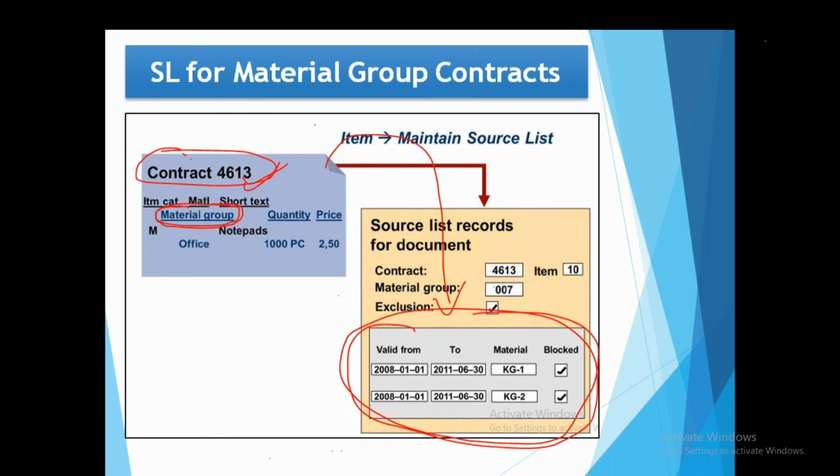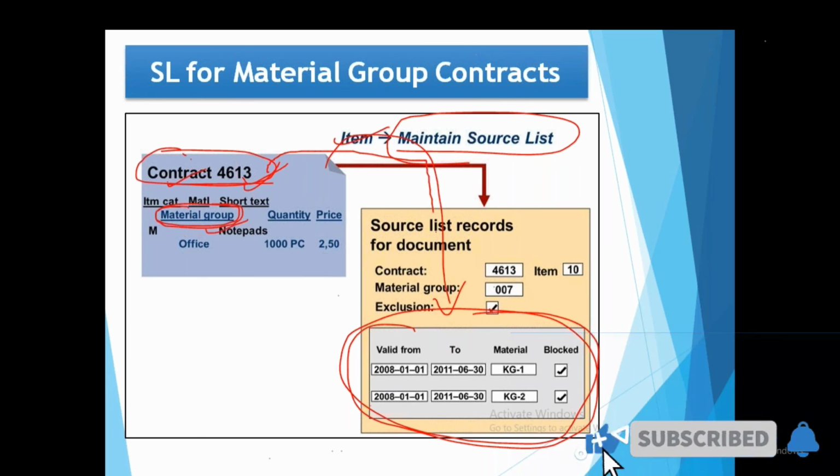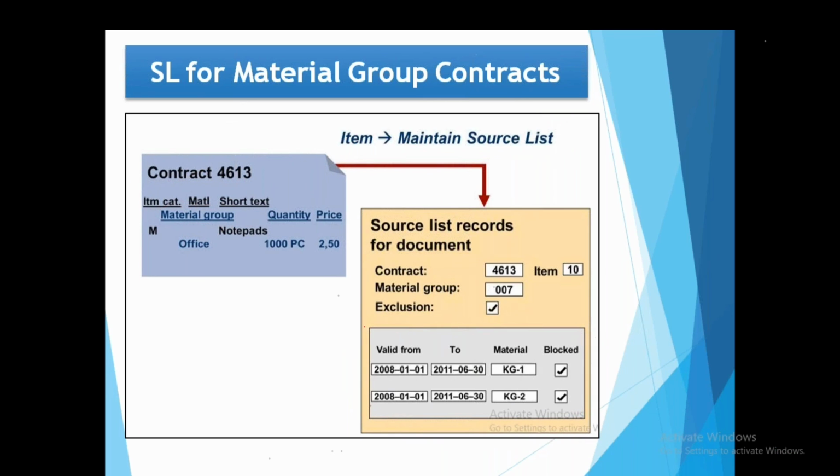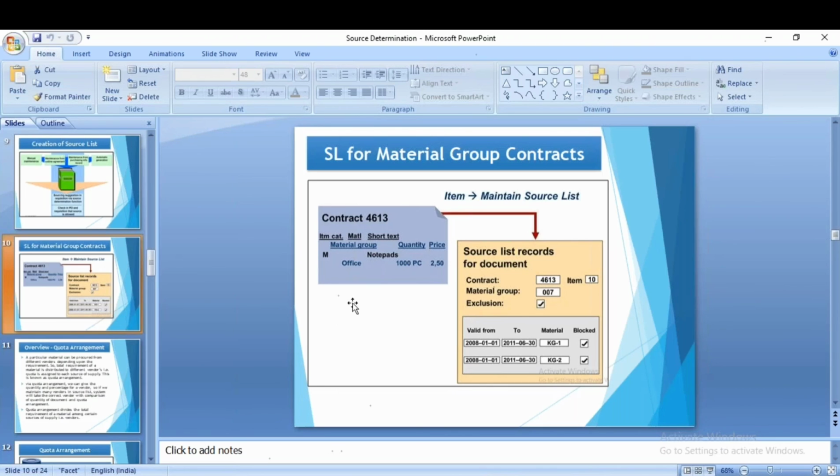You select the item and then maintain source list. So you can generate a source list for a material group also. That is also possible. Same like the one I showed you for a single material. Okay. So with this, we have completed the source list.